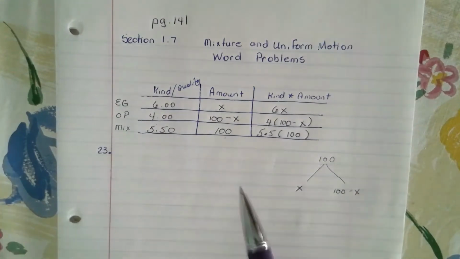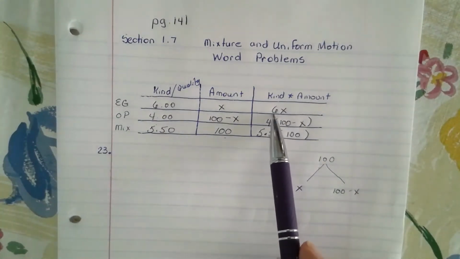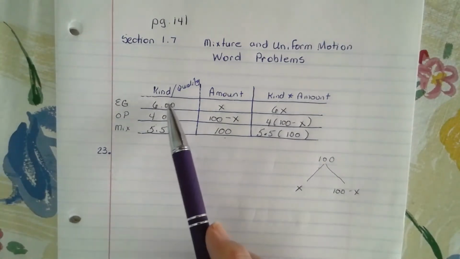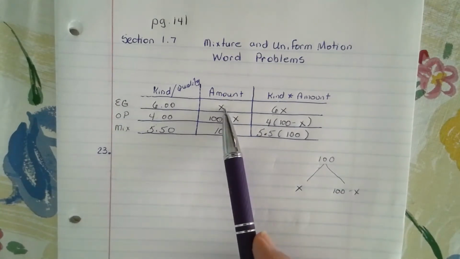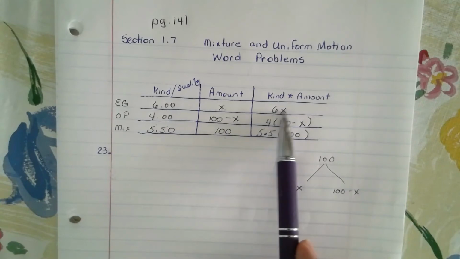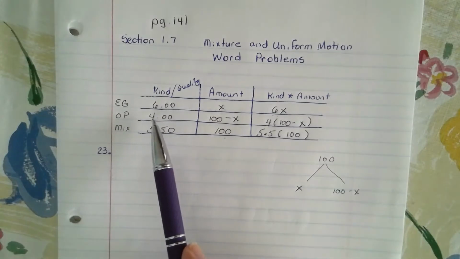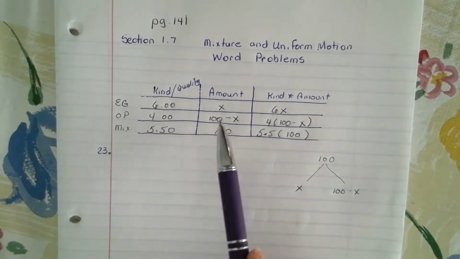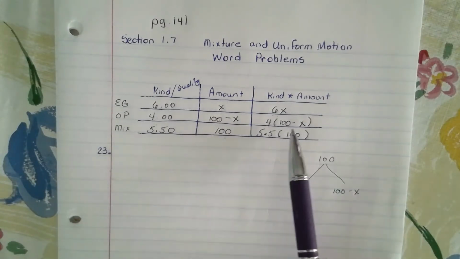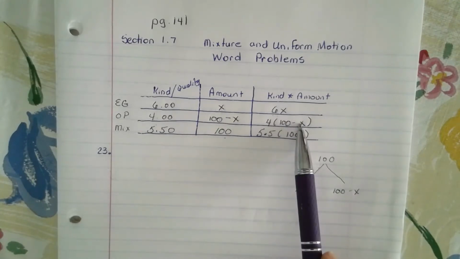And in this case, what that represents is money. The amount of money per pound times the number of pounds equals the money earned from the Earl Grey tea. The same thing from the orange pekoe. The price per pound multiplied by the number of pounds gives you the total money.